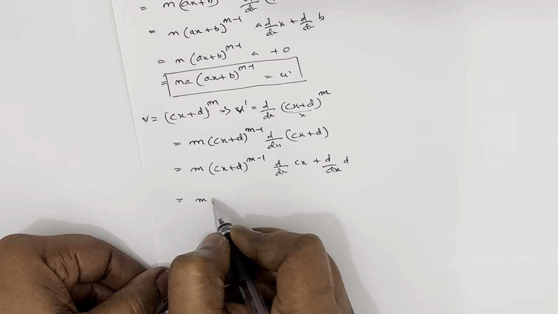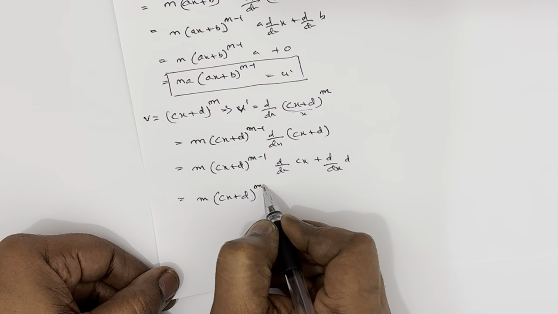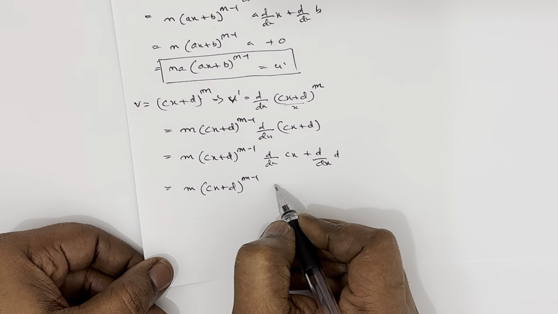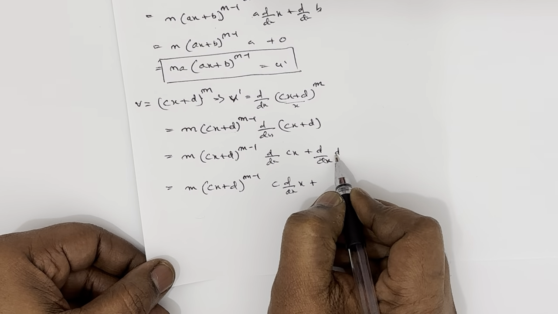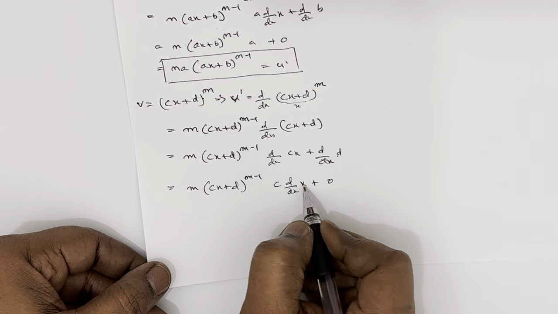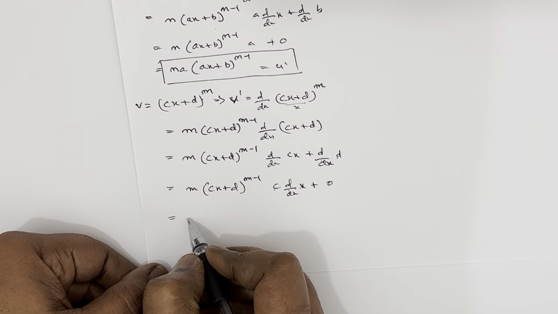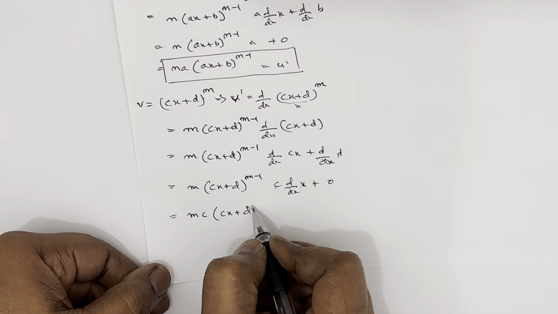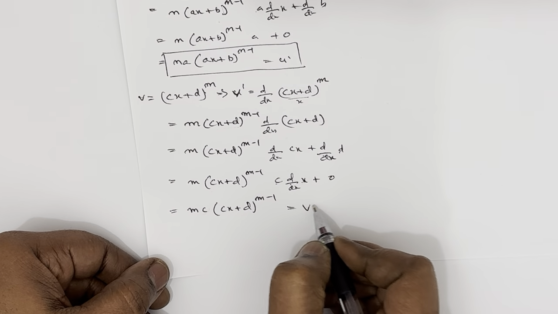Now c d by dx of x, plus the derivative of d, the constant, will be 0. The derivative of x will be 1, so c into 1 will be c. So we can write this as mc (cx plus d) raised to m minus 1. This is v dash.